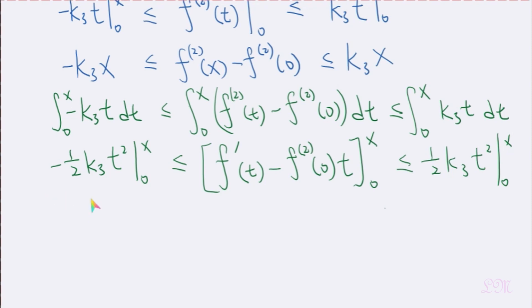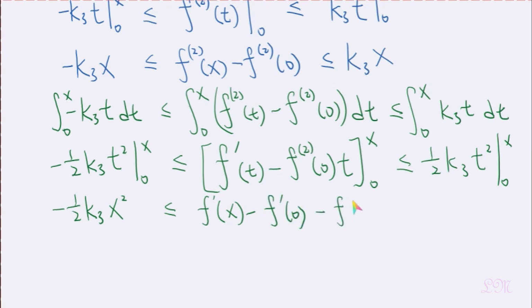Plug in zeros, plug in x's, simplify. So negative 1/2 k sub 3 times x squared. Next, f prime of x minus f prime of 0. So for the second derivative of f evaluated at 0 times t, once you plug in 0 for t, that term becomes 0.